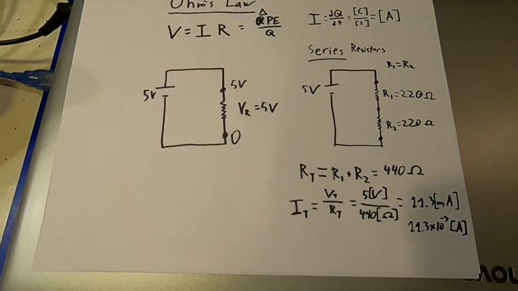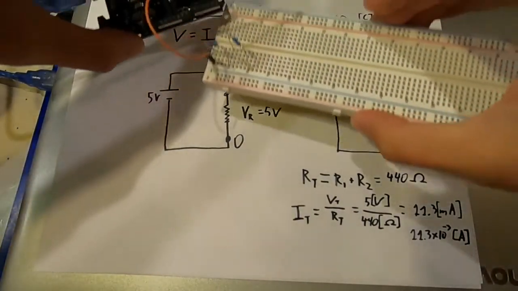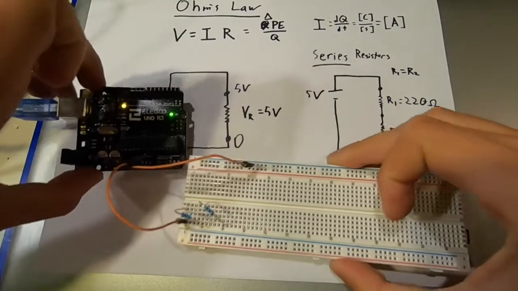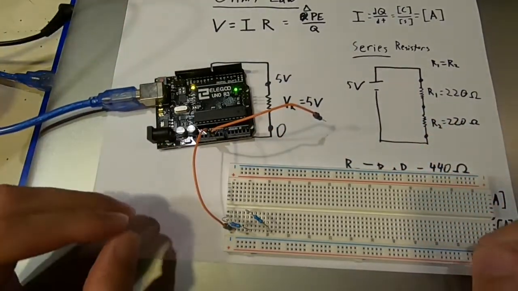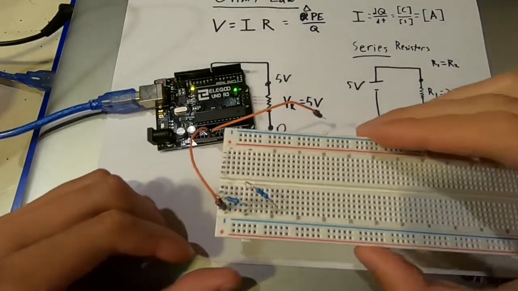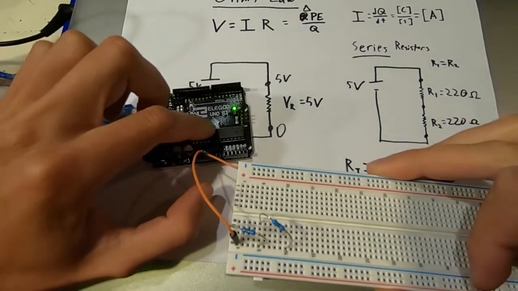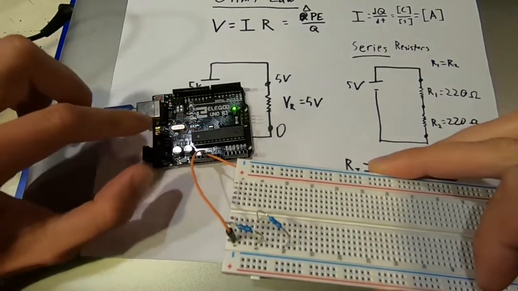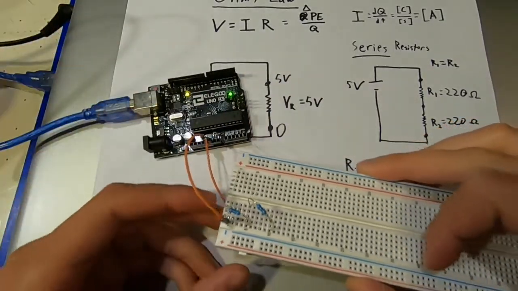Okay. So I've actually gone through and taken the liberty of making a model of this circuit. So here, get a little closer up view. We're going to have a 5-volt power supply from this little Arduino thing here.